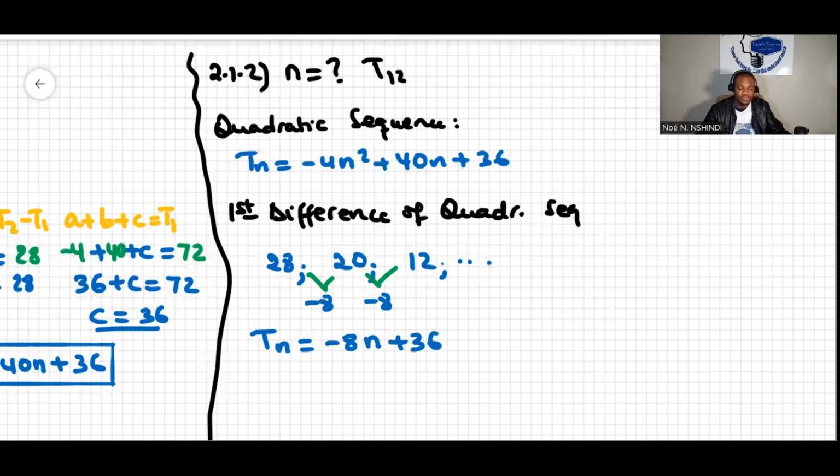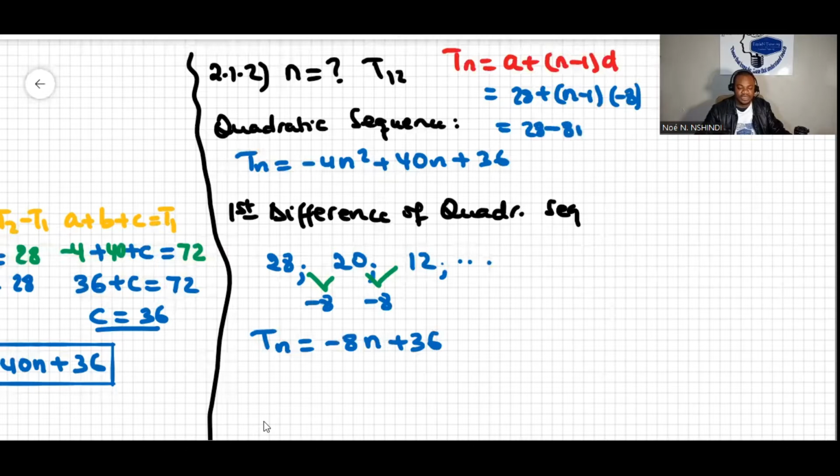If you're unsure, use the formula Tn equals a plus open bracket n minus 1 times d, and then substitute the values. The first term is 28 plus open bracket n minus 1, and d is -8. This will be 28 minus 8n plus 8, and that makes -8n plus 36.